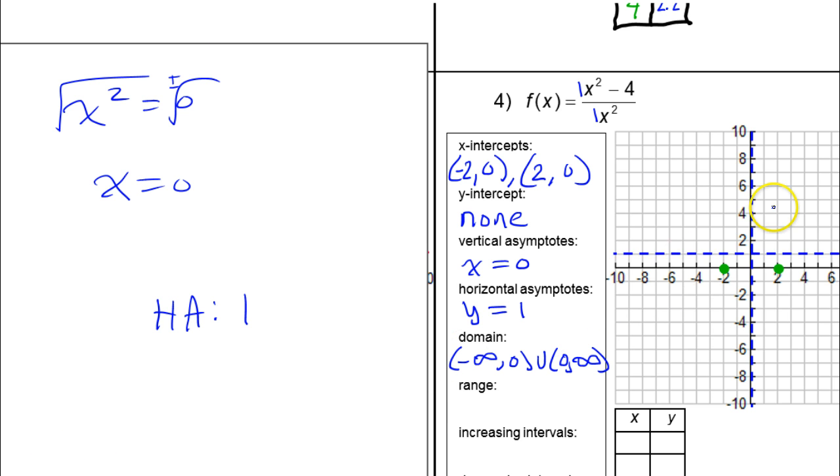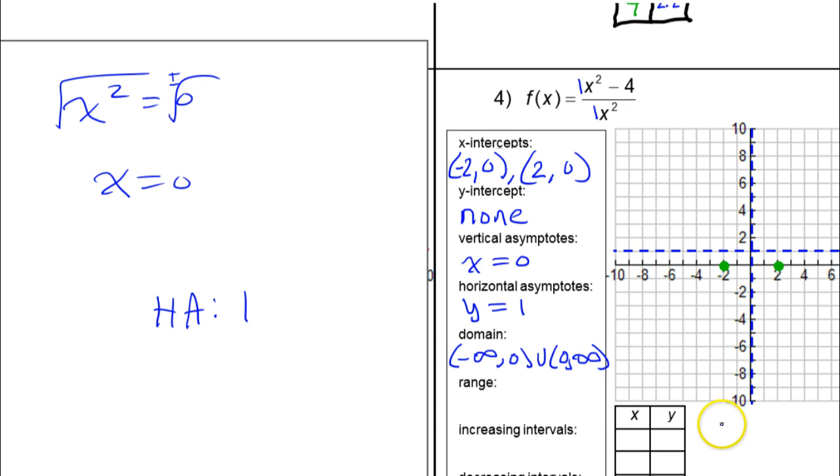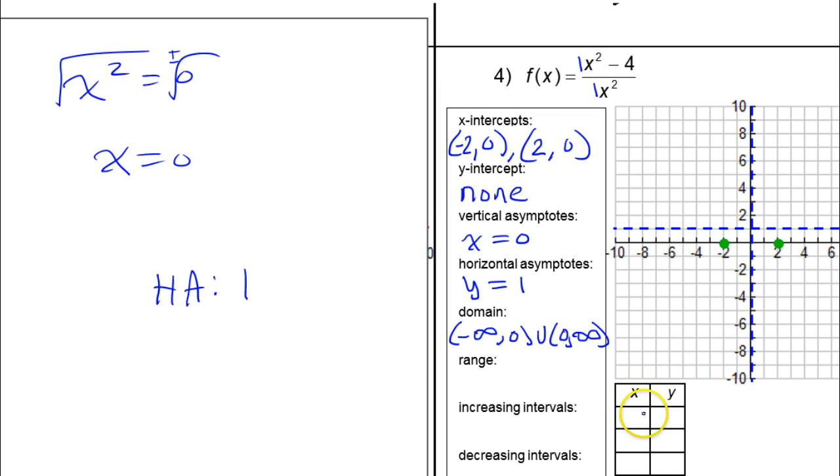We cannot do the range without more information. You can't do the range just based on the horizontal asymptote like you can with the domain and the vertical asymptote. So we're going to need to go ahead and do the graph now. So the first thing to do is to decide which x values you're going to use.